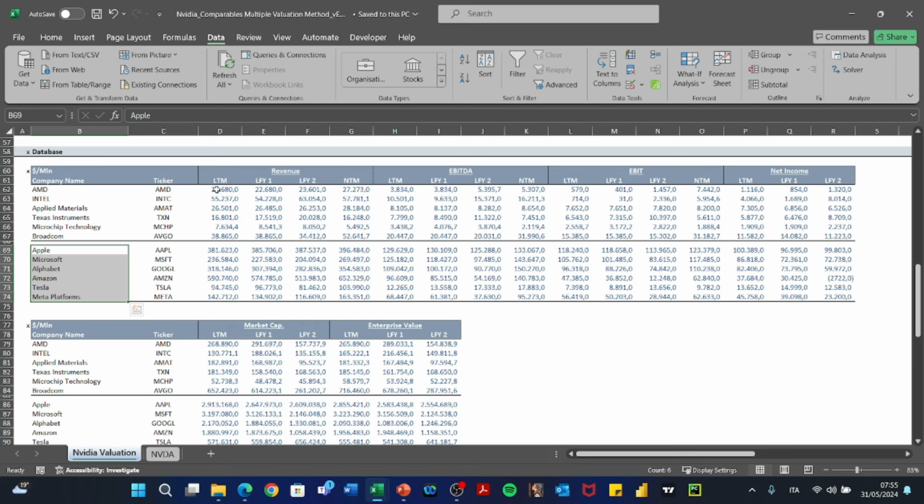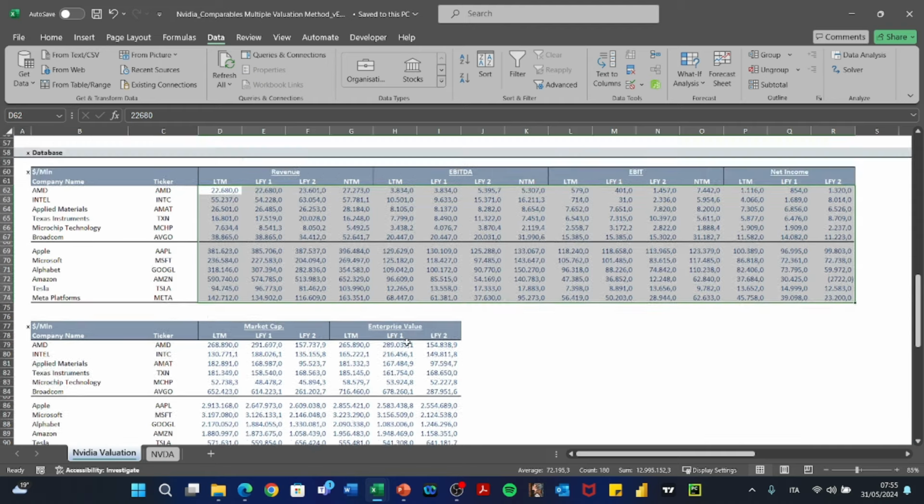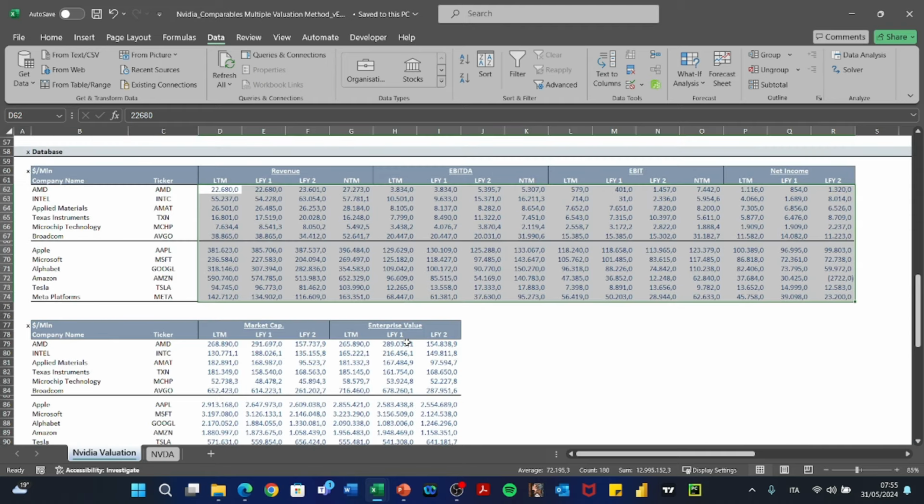Then you have to collect all of the financial information from the comparable companies.